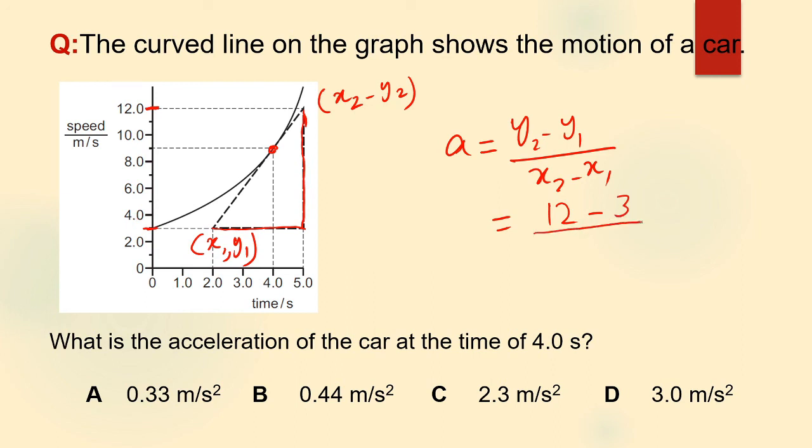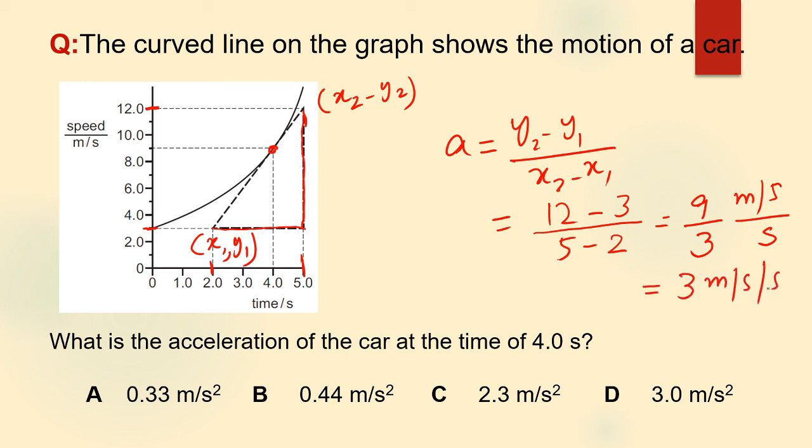And now we are going to decide about x2. x2 is 5. And x1 is minus 2. So that's going to be 9 over 3 meters per second over second, so that's going to be 3 meters per second per second. It's going to be 3 meters per second squared. So the answer in this case is D.